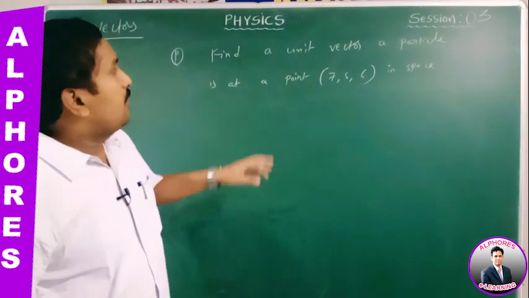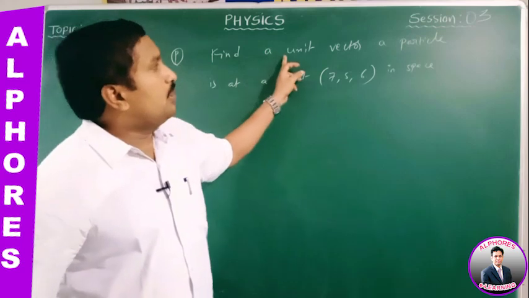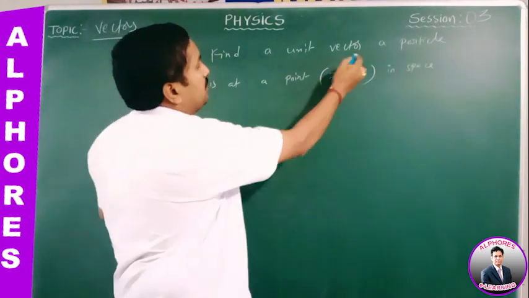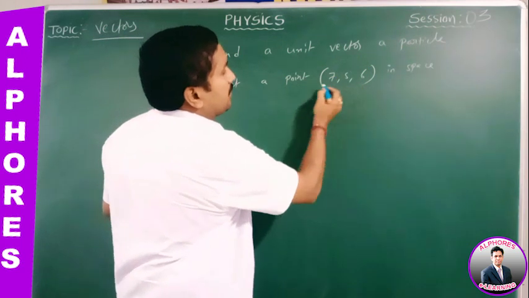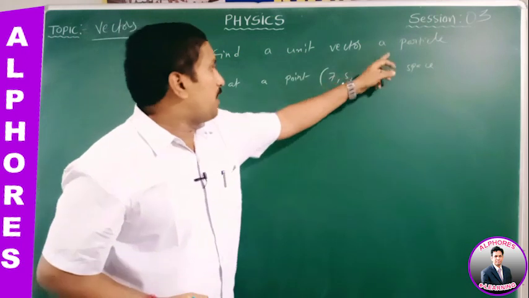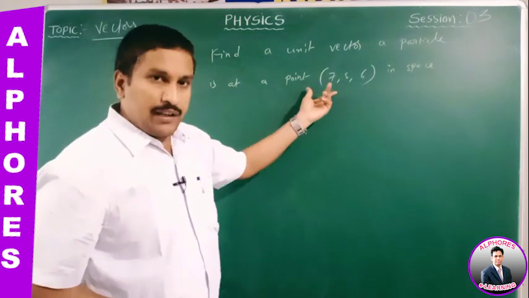That means we have to find the unit vector of a particle, given the position vector. These are the coordinates of the given particle which is in space.